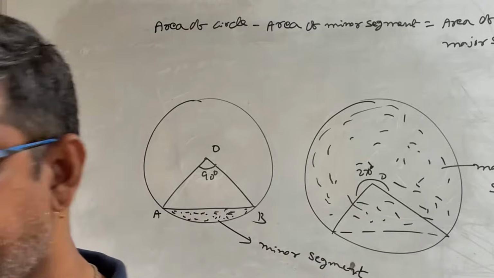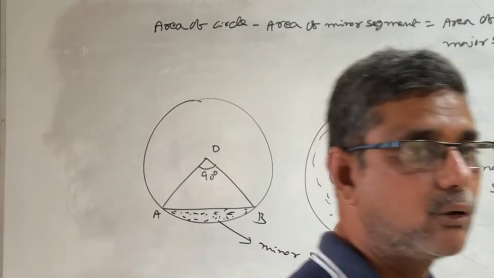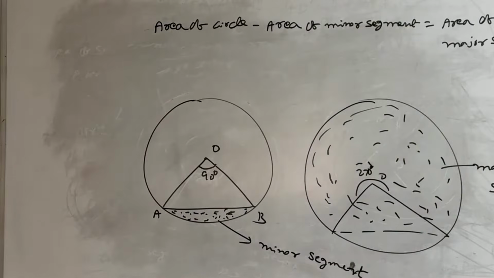In order to find the area of the major segment, we need to find first the area of the minor segment, then the area of the circle minus it.